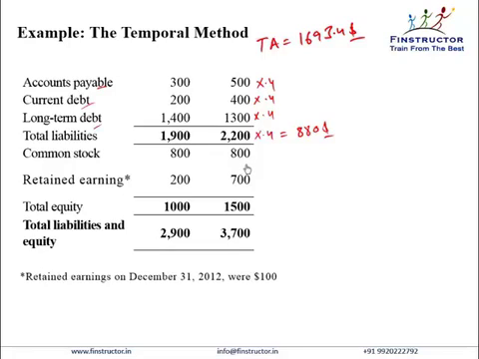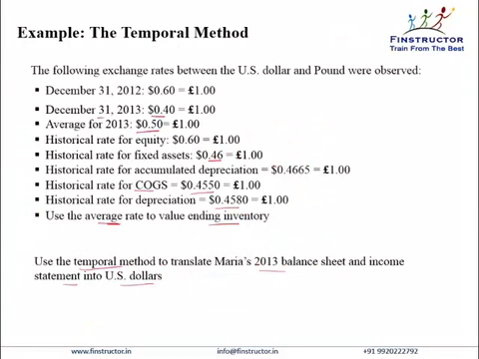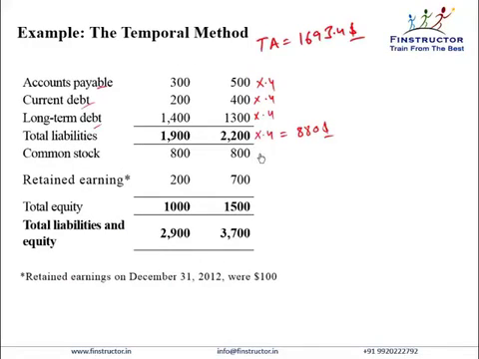So let's go and check that. Historical rate for equity is given to be $0.6 per British pound. So we'll multiply this with 0.6 and get the common stock as $480. This is the same calculation as before from the all current method. Now please note that in the temporal method, there is no translation adjustment happening on the balance sheet.